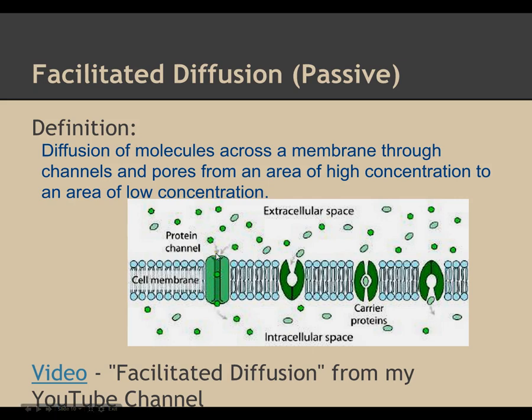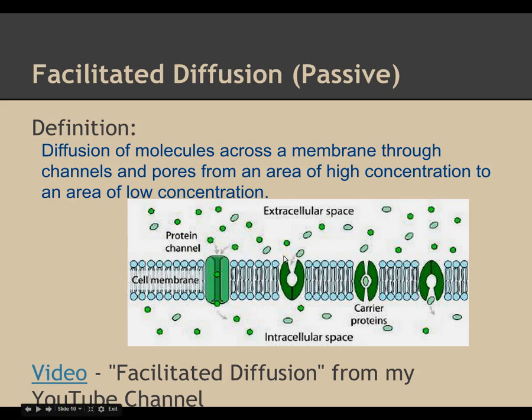Again, this is specific for a certain type of molecule. In this case, it's the little round green ones. Here's a different type of carrier protein. There's no ATP listed here, so this is a passive transport type of protein, a carrier protein. And it's specific to this shaped little molecule here, and it carries particles across the membrane.